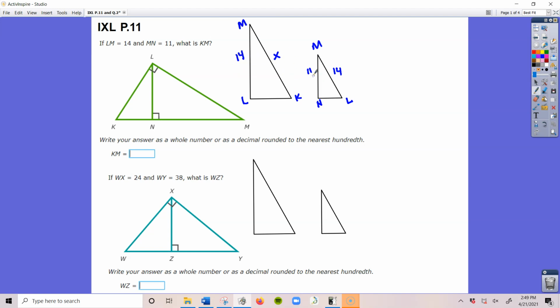So this is similar triangles, so we can create our ratios. I'm going to go big to small. This side corresponds with this side, so 14 over 11 is going to equal this side corresponding to this side, so x over 14. Now we cross multiply and we do 14 times 14 equals 11x.